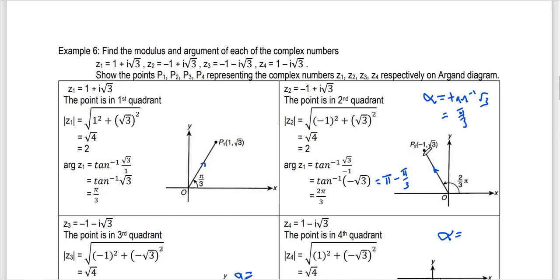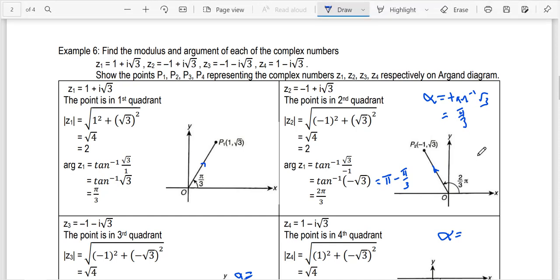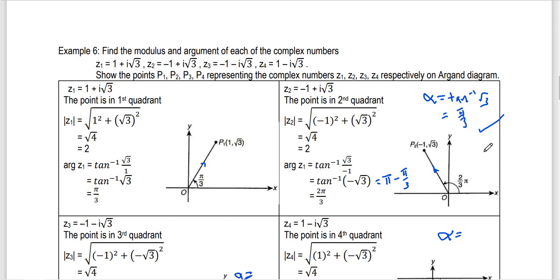Normally, even in the second quadrant, you must check the basic angle or the reference angle, the angle in the first quadrant. Very important. You must find out the reference angle or the basic angle first.